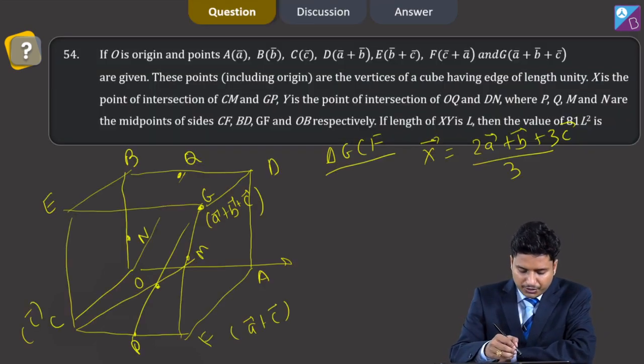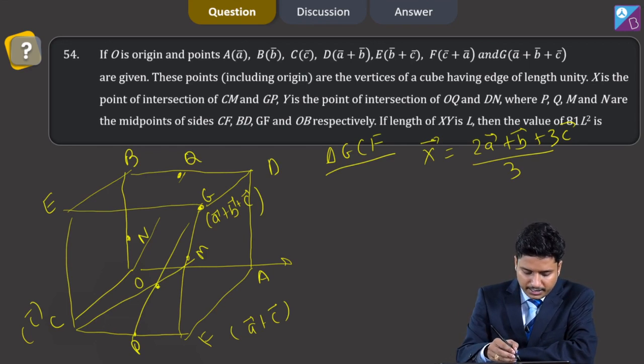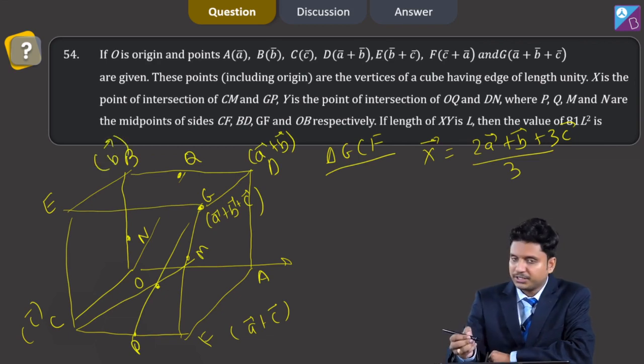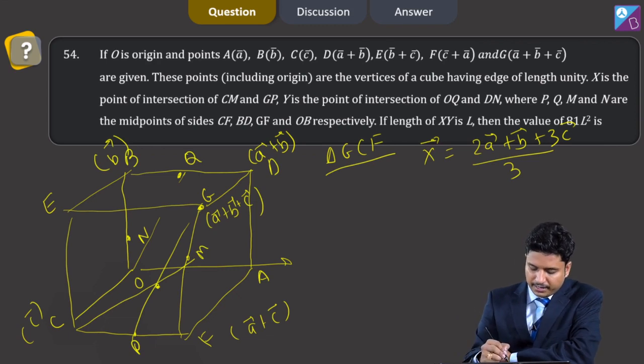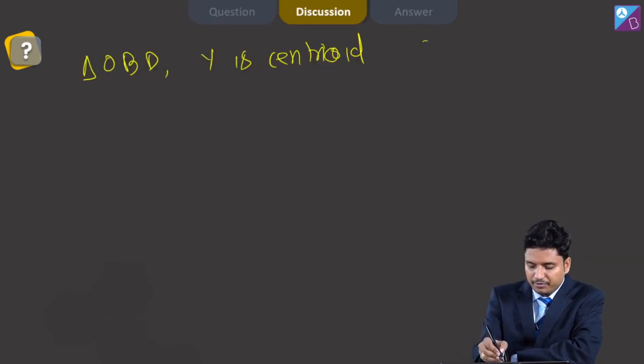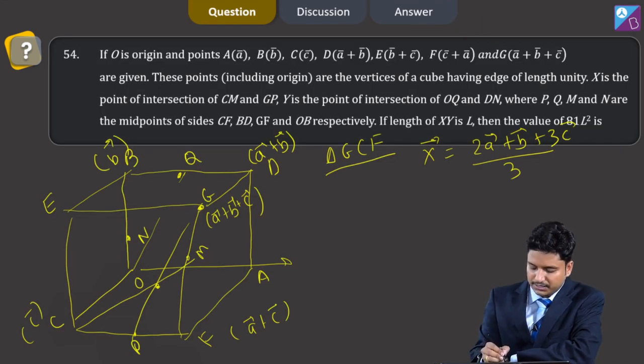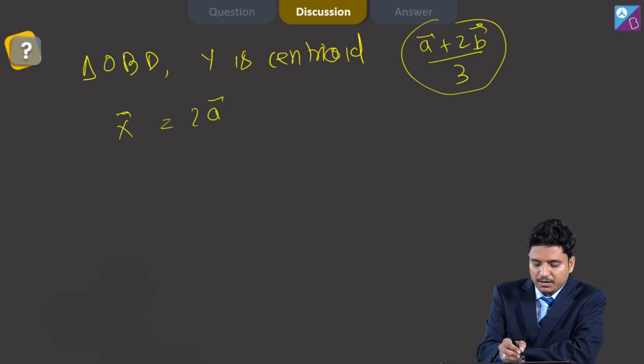O is obviously the origin, D is A plus B, and B is B itself. That is why the centroid will be (A plus 2B) by 3. So this is Y, A plus 2B by 3, and X was already there, equal to (2A plus B plus 3C) by 3.